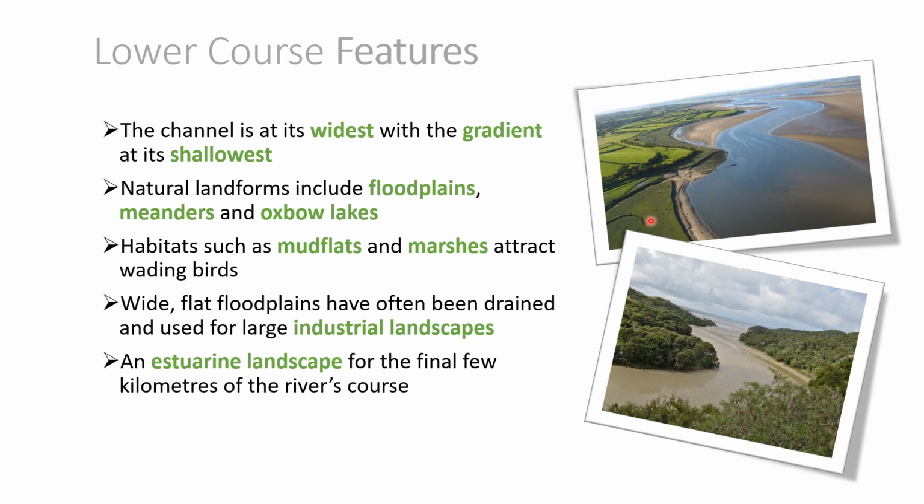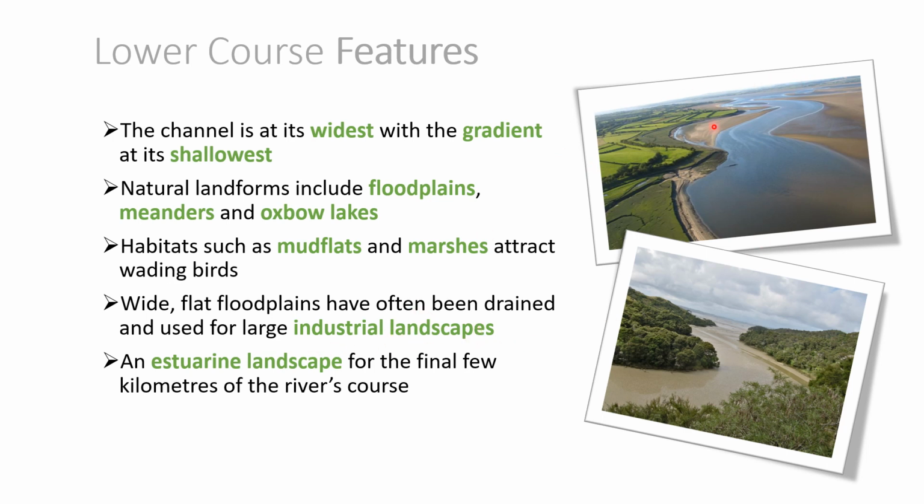But you can certainly see some of the marshes and the mud flats where mud's been deposited, and that's really good habitat for birds, wading birds in particular. The other thing is these are big rivers with lots of flat land. So you'll often find industry, factories, chemical plants or power stations here, because boats can come up here, they can dock, and there are large areas of land. So often they have what we call an industrial landscape.